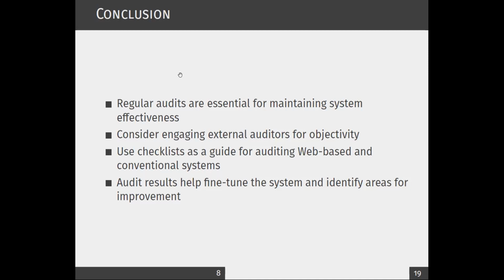And then we can also audit web-based and conventional systems, and these help to fine-tune the system and identify areas of improvement. So now you can see auditing is a very systematic process that we are going to incorporate, especially in advanced software. In this particular case, as we discussed, we have to consider various aspects of the organization to start.